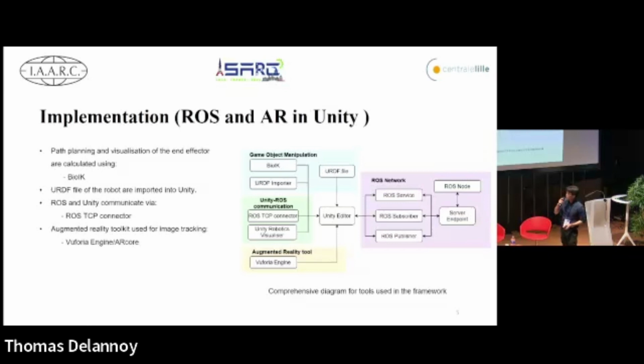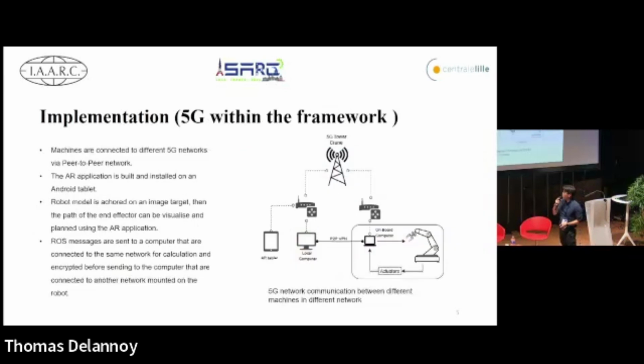The communication between ROS and Unity is established using a TCP connection. For the augmented reality, we'll be using Vuforia engine or AR Core. And here comes the more interesting part, which is the communication of the 5G AR application with the machine itself.